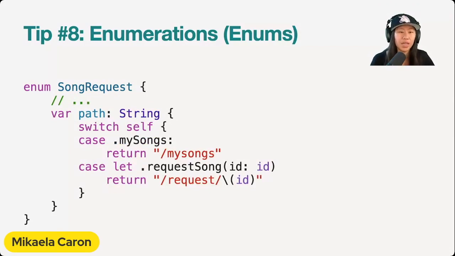Then we would make another computed property that's the path. We can actually switch on the enum itself. For the case of mySongs, we can return the endpoint /mySongs. And for the case of requestSong, we pass in that ID parameter, and we can now make the endpoint /request/ID.